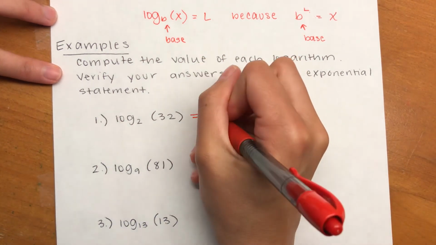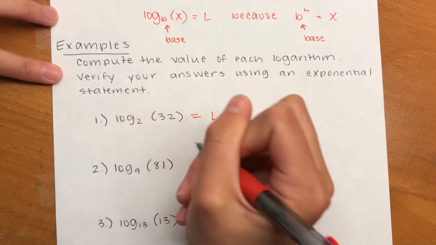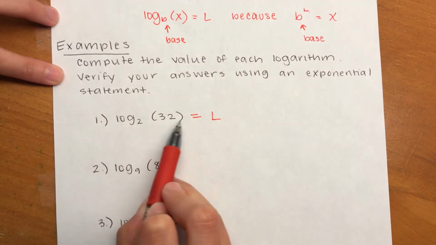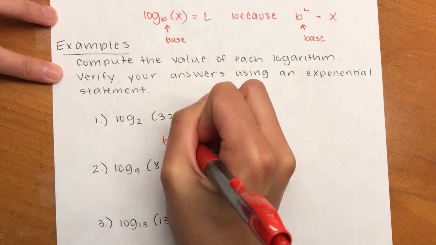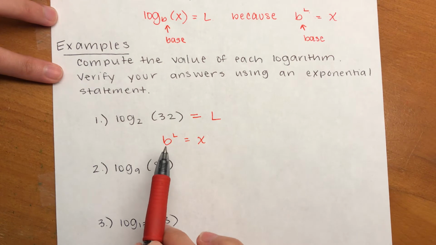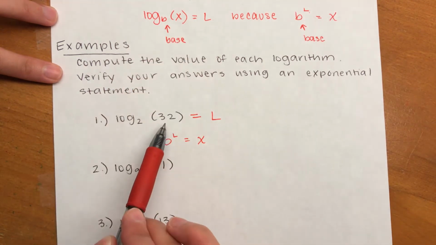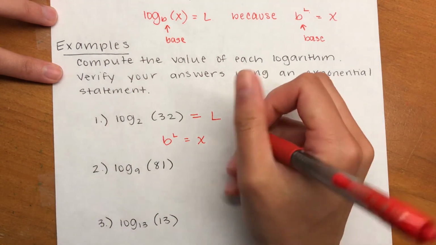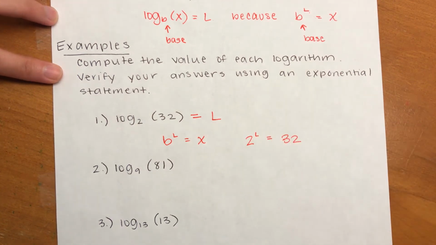So if we say this equals L, based on our definition, this is my logarithmic statement. I'm going to have some exponential statement, b to the L equals x. In this case, my b is 2. The base is 2. And my x value, what's in the x spot from my definition, is 32. So really I'll have 2 to the L equals 32.